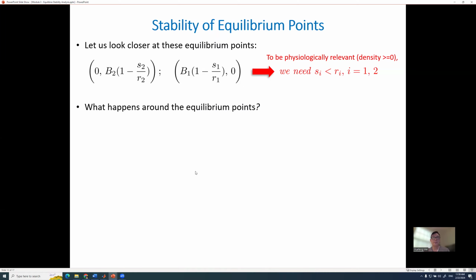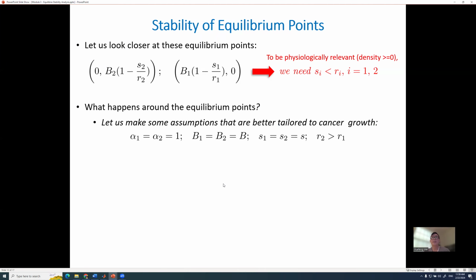Second, let's simplify the parameters in a way that is consistent with the process of cancer spreading or proliferation. Let's say the cancer cells and healthy cells have similar size, so that alpha 1 and alpha 2 are both equal to 1. They also have the same saturation, so B1 and B2 are both equal to B, which is the saturation limit or capacity limit for both cells.